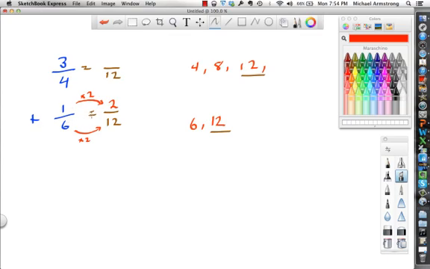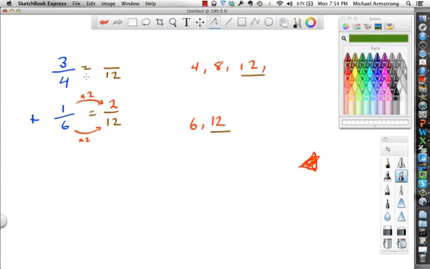So 1/6 is the same as 2/12. If I cut that little 1/6 in half, I now have two pieces, and they're half as big. That means they have to be twelfths. Okay, we don't really need that, but sometimes I want you to think about those pictures.